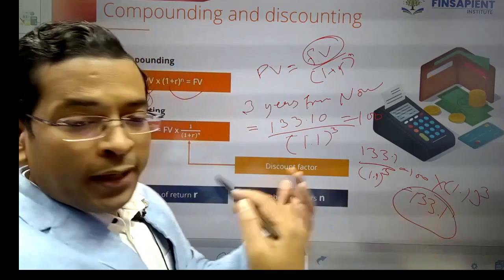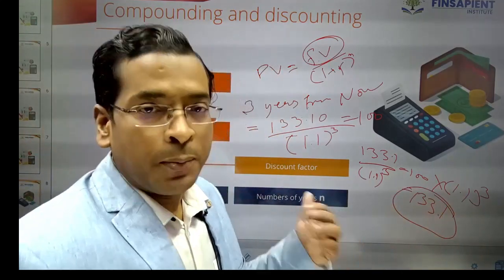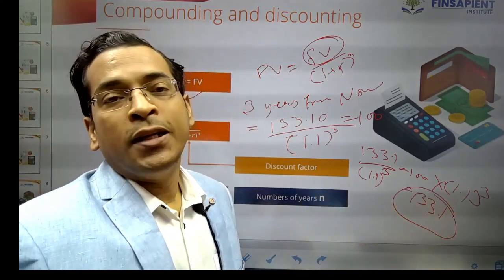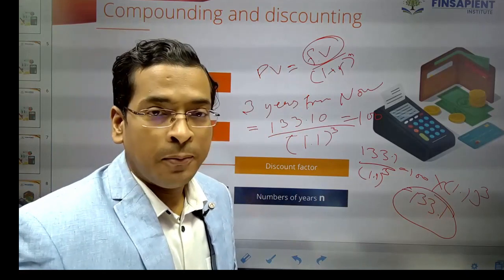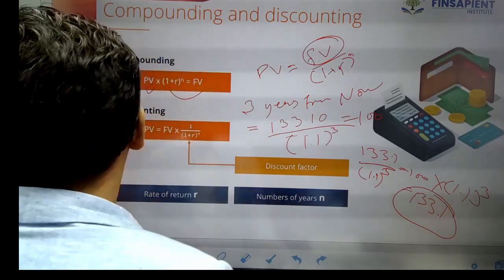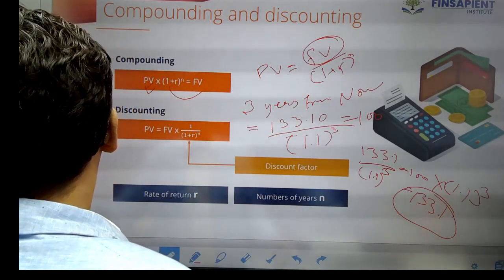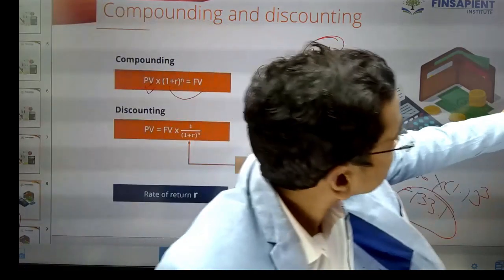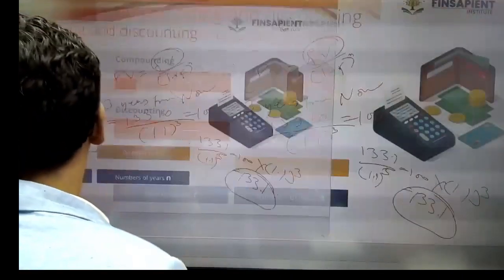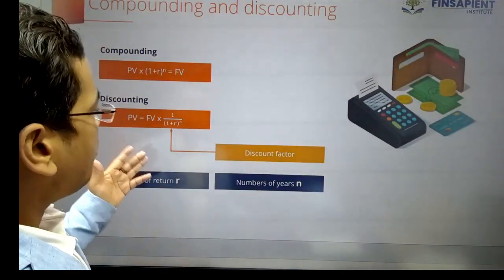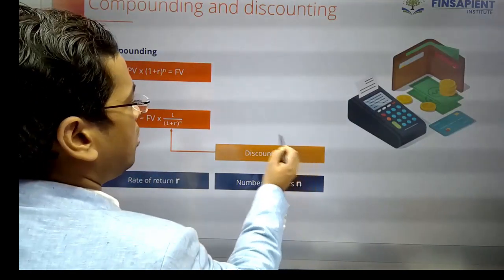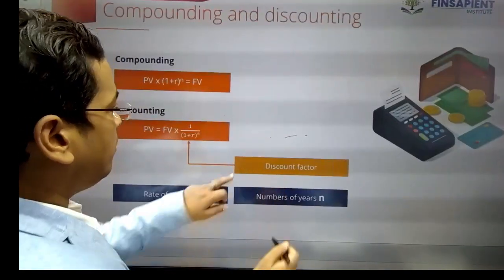So this is how we can calculate back and forth between the present value and future value if the discount rate and the number of years are given. The next, compounding and discounting, is understood. This is called the discount factor.